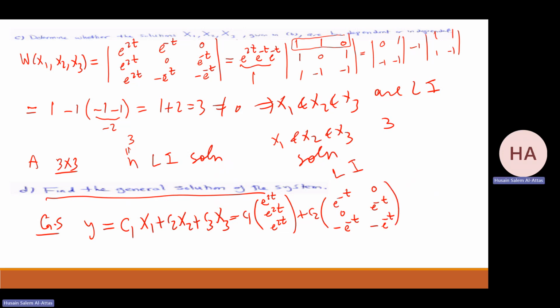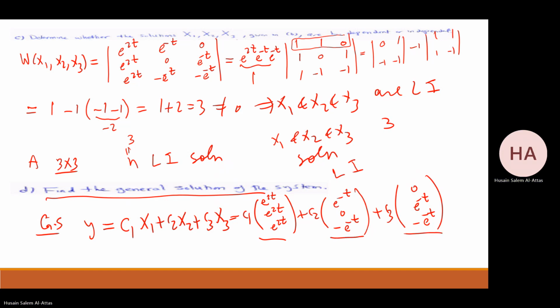And plus c3, the last one. 0 is minus t, minus e is minus t. This C1 times the first one, C1 times X1, C2 times X2, C3 times X3.